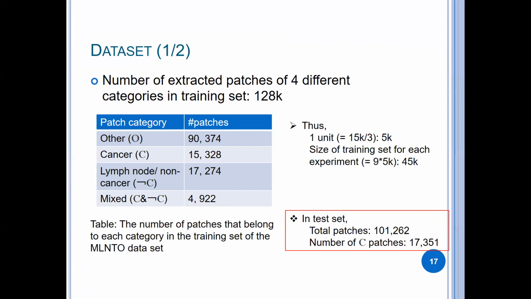According to the formula defined earlier, 1 unit equals 5K and the size of the training subset is 45K. In the test set, the total number of extracted patches is around 100K, where around 17K belong to the cancer class.